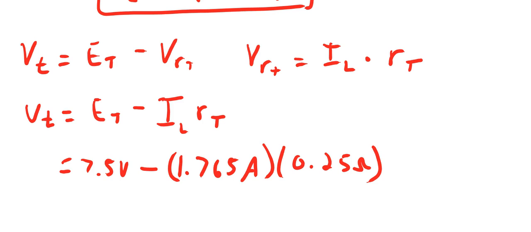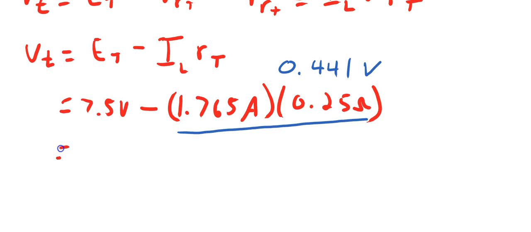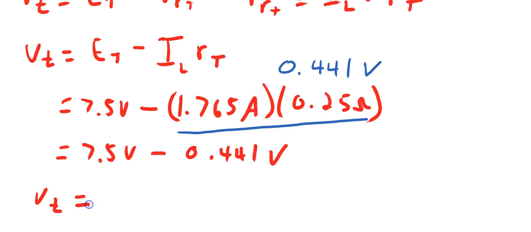Now, the product of the current and internal resistance results in a voltage drop internal to the battery of 0.441 volts. And so that gives us 7.5 volts subtract 0.441 volts, or a terminal voltage of 7.059 volts.